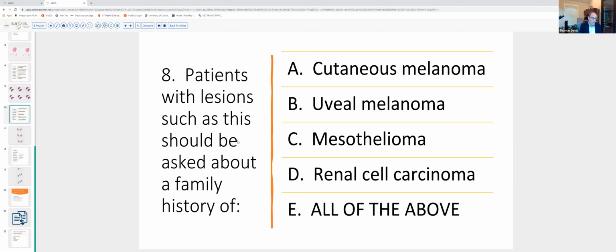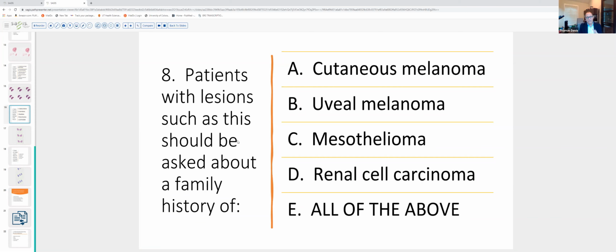So, the question is, when do you refer a patient for genetic counseling and possible consideration for germline testing? And the recommendations now generally are, if a patient has 2 or more BAP1 inactivated melanocytic tumors and/or a family history of uveal melanoma and mesothelioma, then those patients, regardless of age, should be referred to a geneticist for counseling and germline testing.